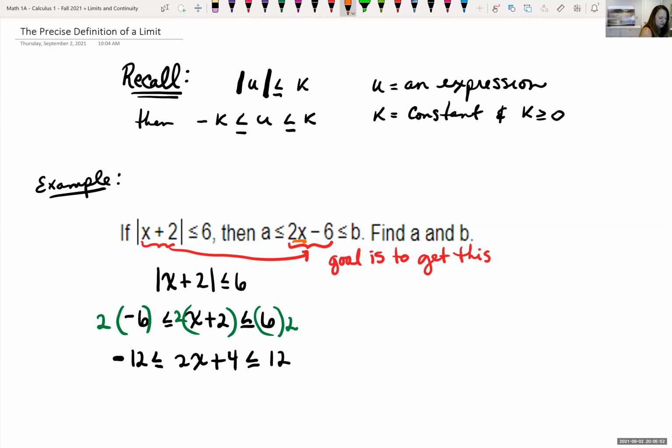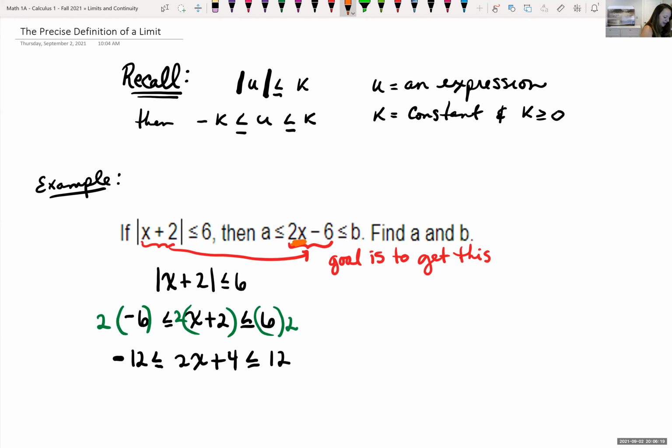So we've gotten that 2x where we want it, but we really want minus 6. We don't want plus 4. So let's just think to ourselves, what can we do to get a minus 6? What can I subtract off of 4 to get negative 6? Well, I know if I subtract 10 from 4, that's negative 6.